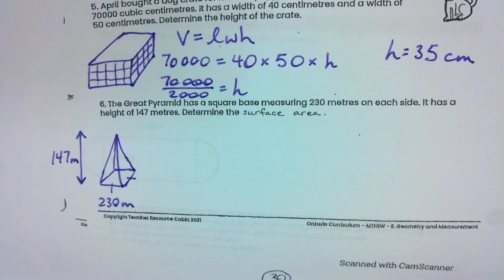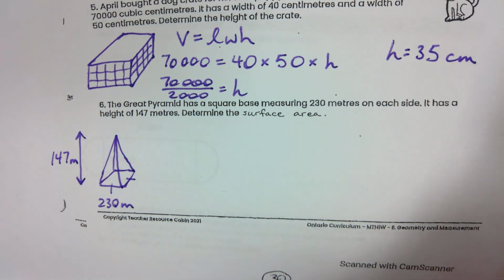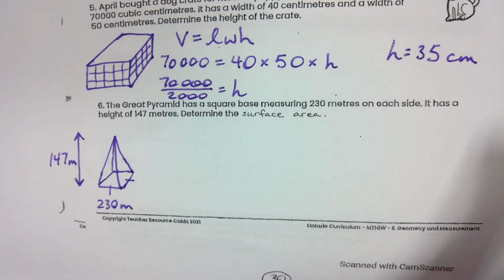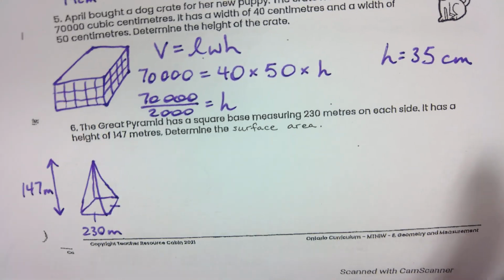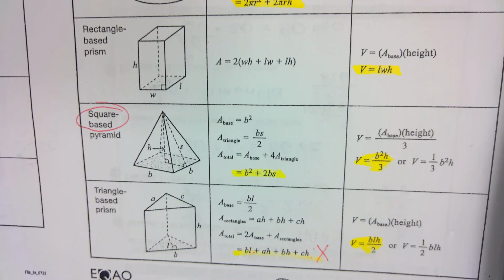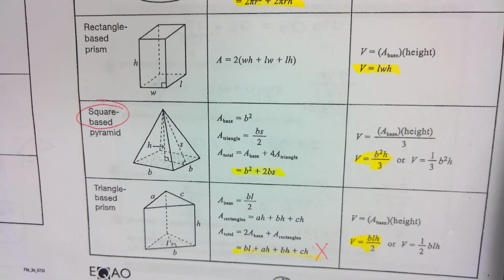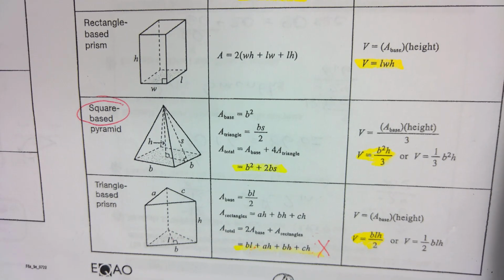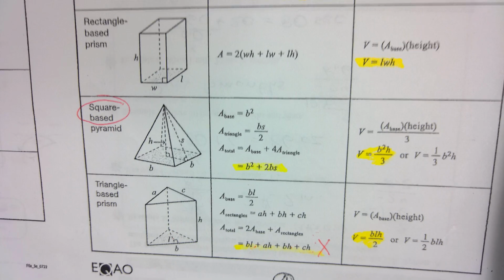Okay. Somebody tell me the formula for surface area of a square base pyramid. Yep, take a look at your formula sheet. Ethan: the surface area is b squared plus 2bs. Right.